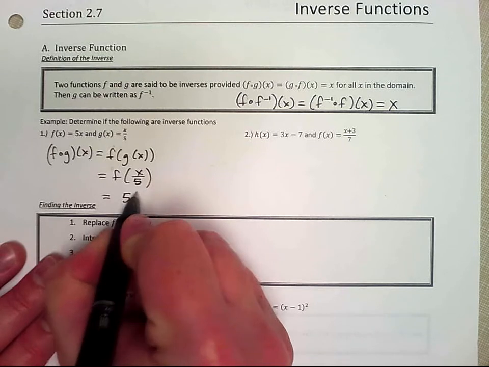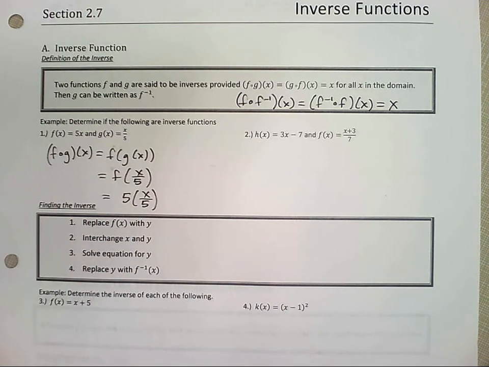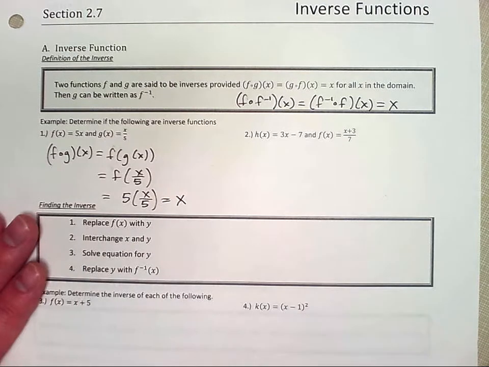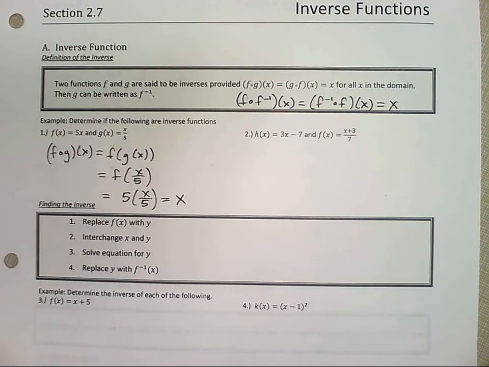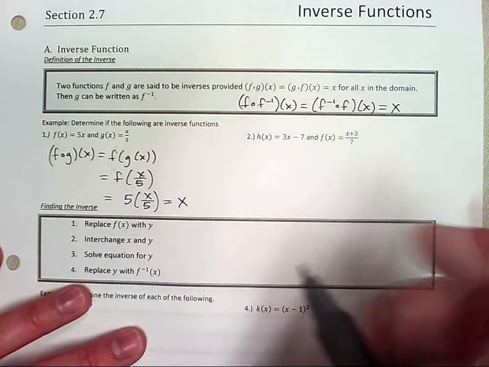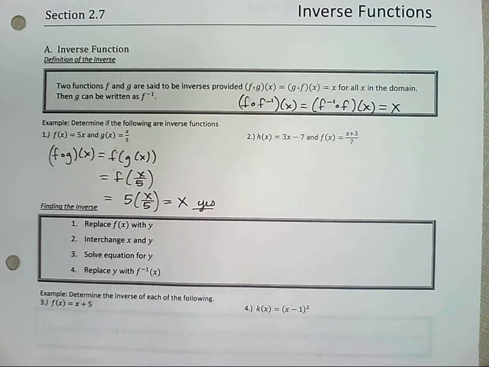So I get 5 times x over 5. Multiplying fractions, or just simplifying, 5 over 5 equals 1, so here you get x. That means they are inverses, because the composition equals just the variable. So yes, they are inverses, because f of g of x equals x.